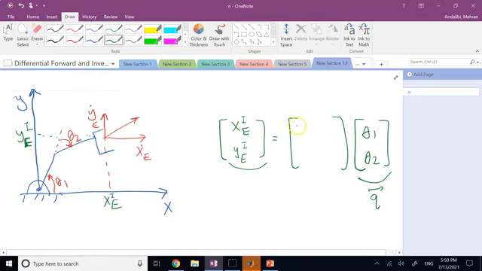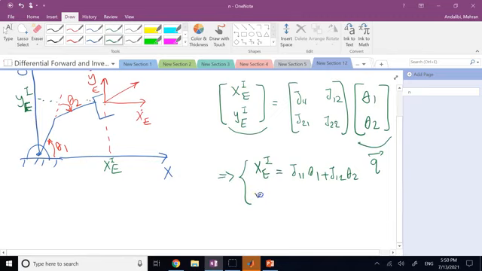Because, for example, if I call these J11, J12, J21, and J22, you clearly see this leads to two linear relations: x of end effector in inertial is some number times theta 1 plus another number times theta 2. You know it wasn't the case, correct?